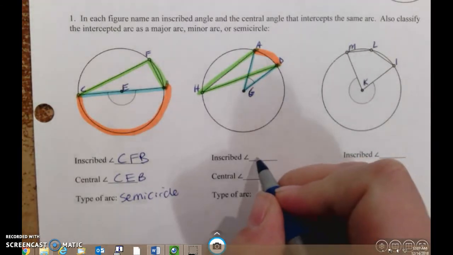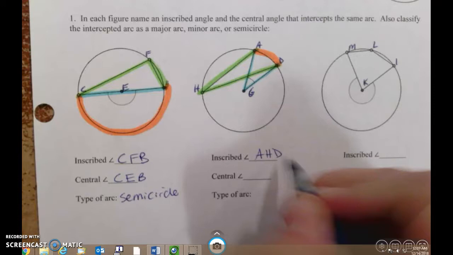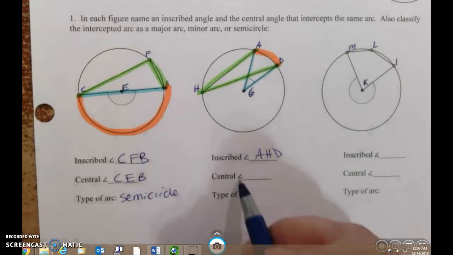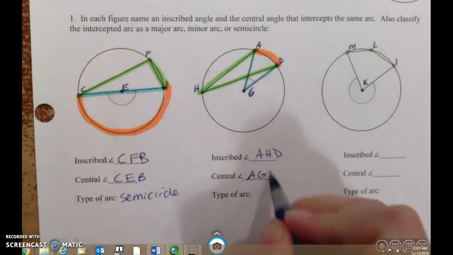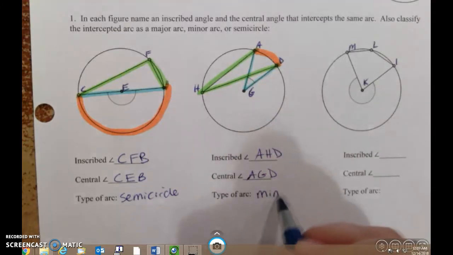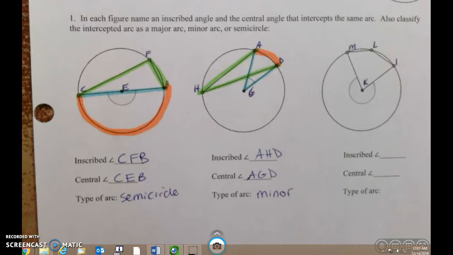So the inscribed angle was AHD because its vertex is on the circle itself, the circumference, and the central angle is AGD. And AD is what we would call a minor arc because it's less than 180 degrees.